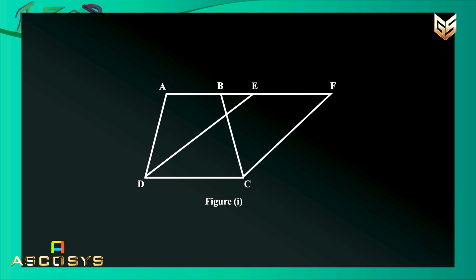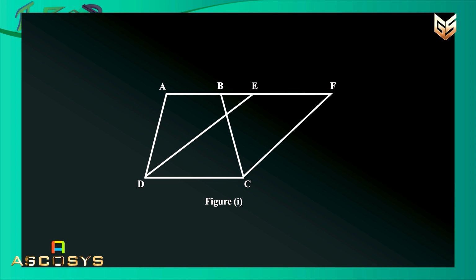In addition, the vertices A and B of trapezium ABCD opposite to the base DC and the vertices E and F of parallelogram EFCD opposite to the base DC lie on a line AF which is parallel to DC.